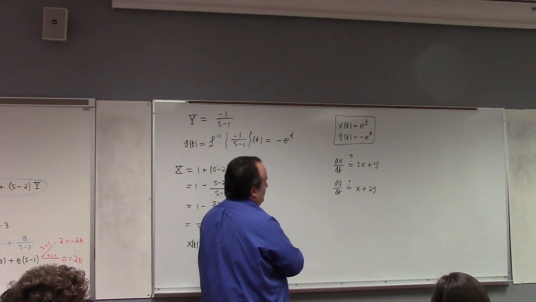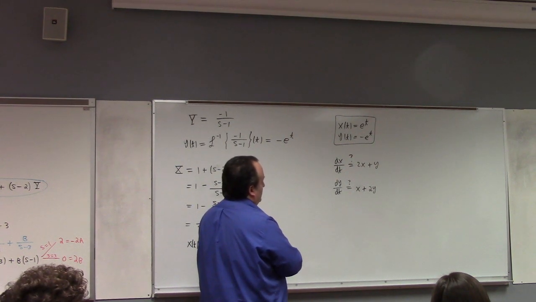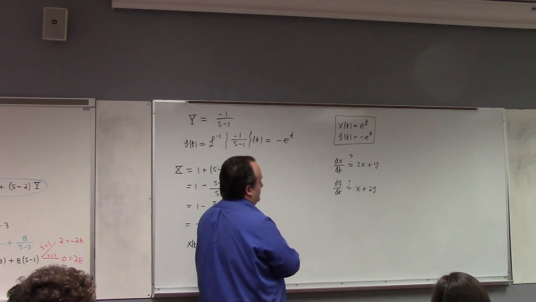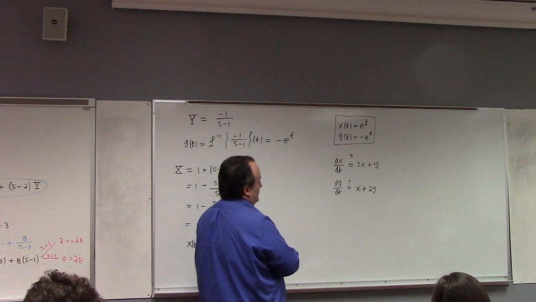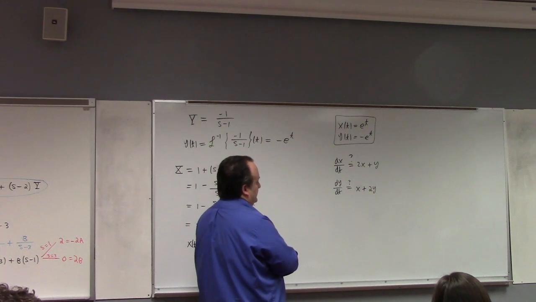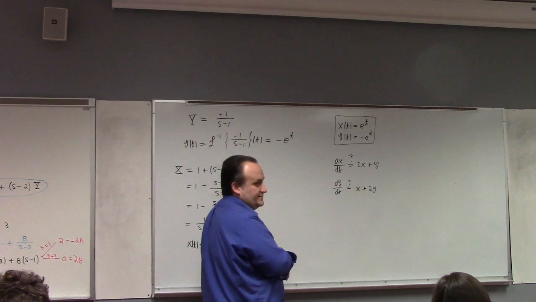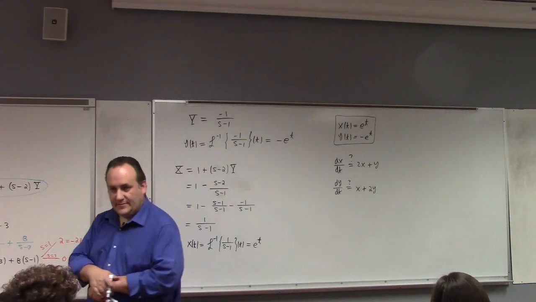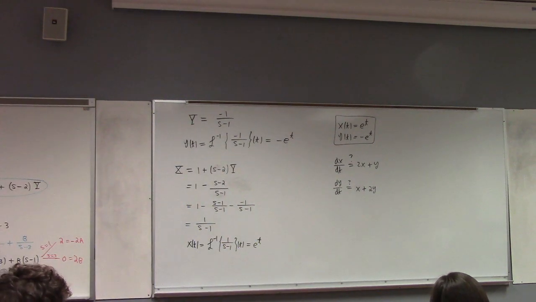So dx dt is e to the t. 2e to the t minus e to the t, yep. Minus 1, yep. We solved it. Hooray. Not an eigenvector in sight, right?